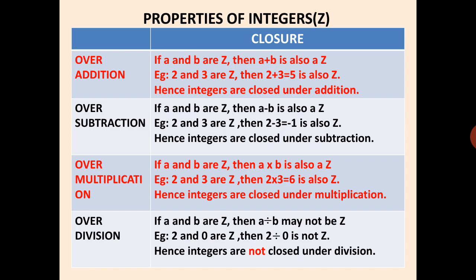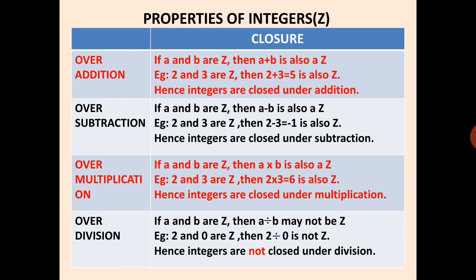Next, over division. Now again consider any two numbers, any two integers and divide them. Then check whether the answer is always an integer. Children, there are certain numbers wherein the quotient, that is the answer which you get after division, may not be an integer.